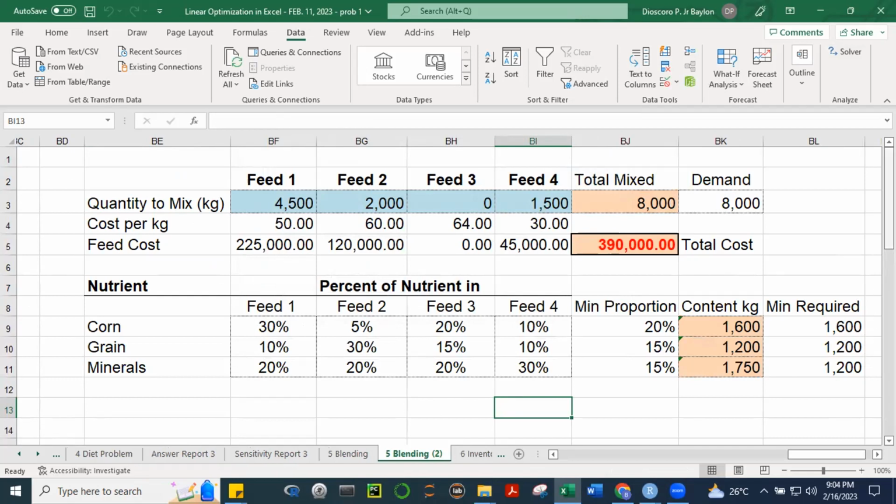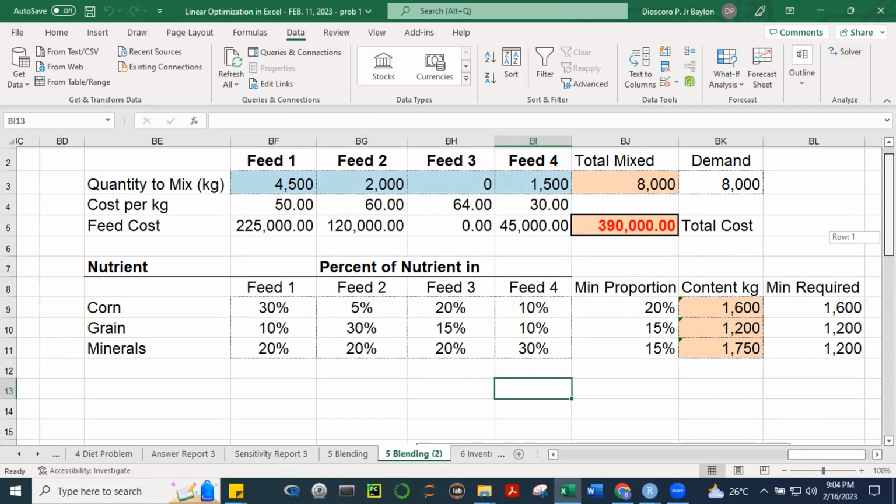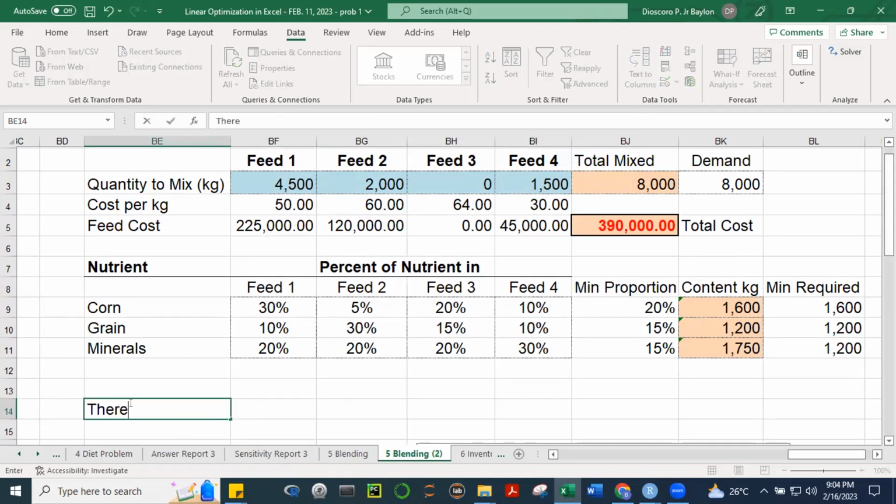What if, let's say that there's another requirement, let's just modify the problem a bit. There should be at least 500 kilograms used per feed.